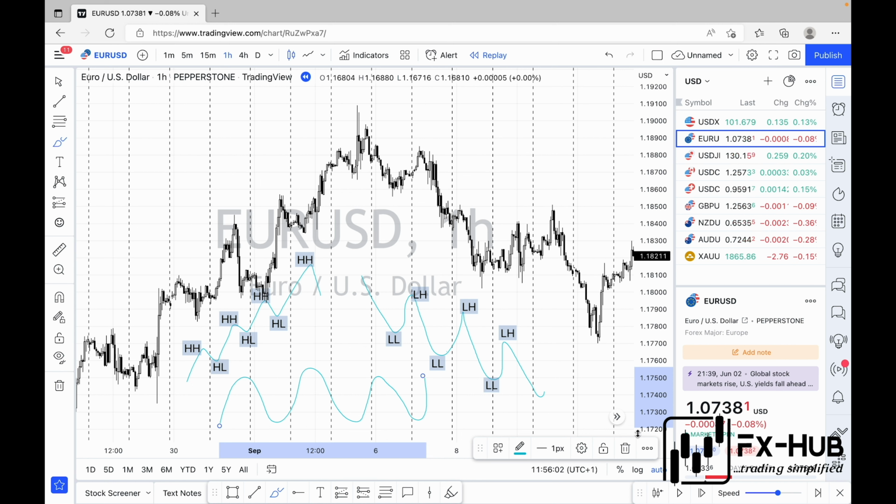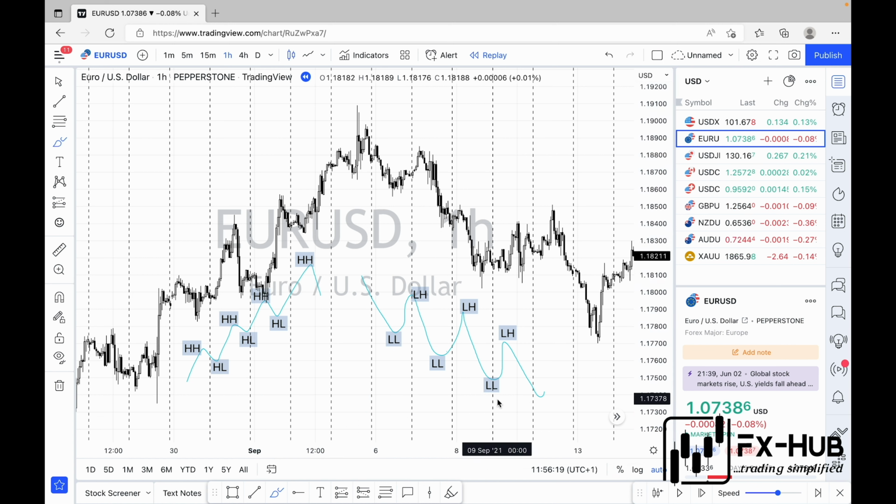But for now, we will concentrate on the market structure and how to notice a break in market structure, or a change in market structure, which could be referred to as a change of character. So two things can happen: it either continues the trend or it breaks the current trend, which is referred to as a change in trend or a change of character.